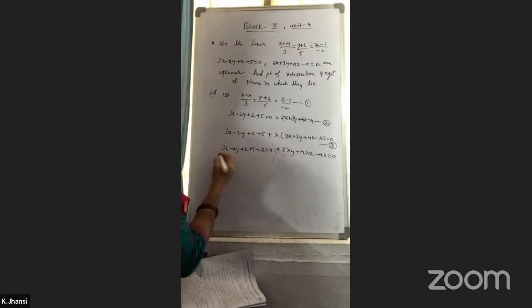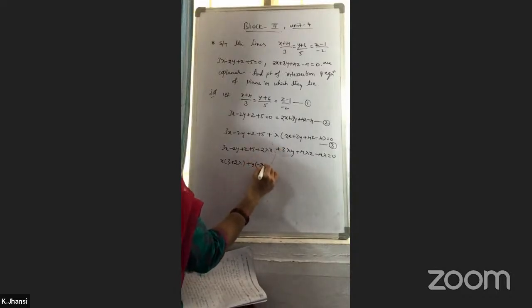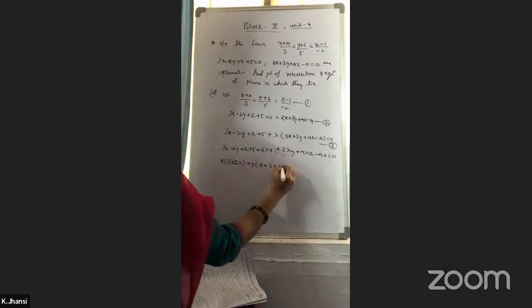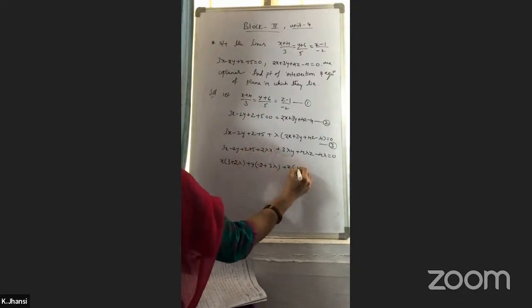Now if you take x common here, it is 3 + 2 lambda. If you take y common, it is -2 + 3 lambda. Okay. Next, if you take z common, the coefficient here is 1 + 4 lambda.